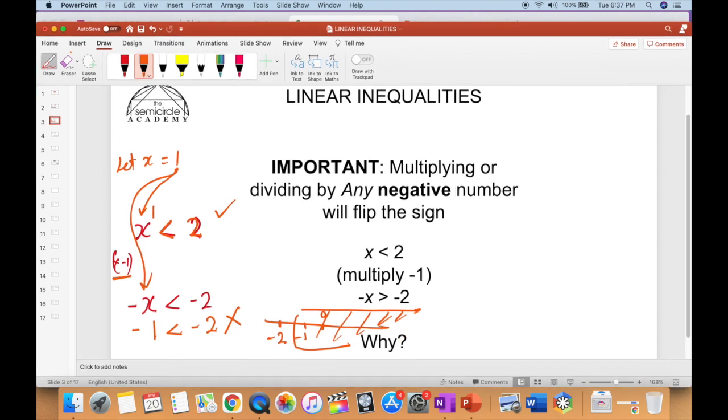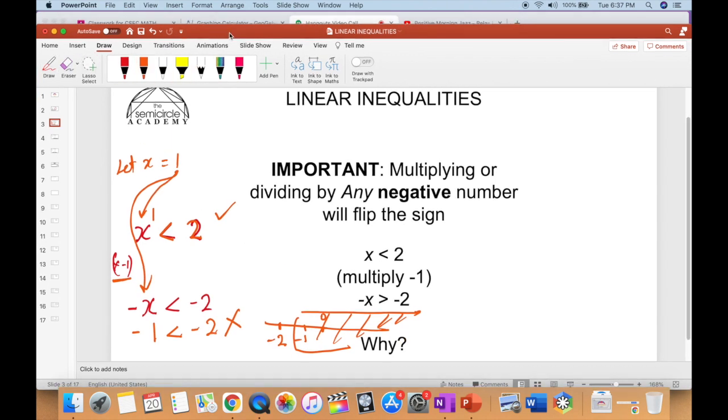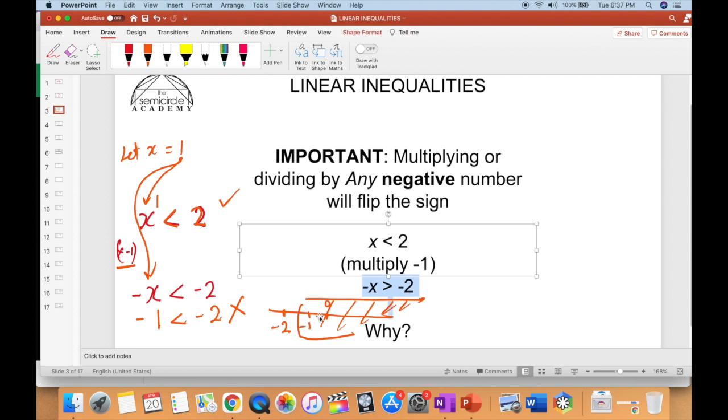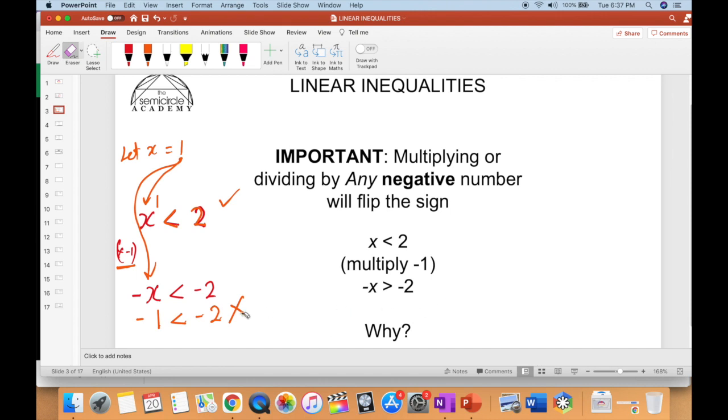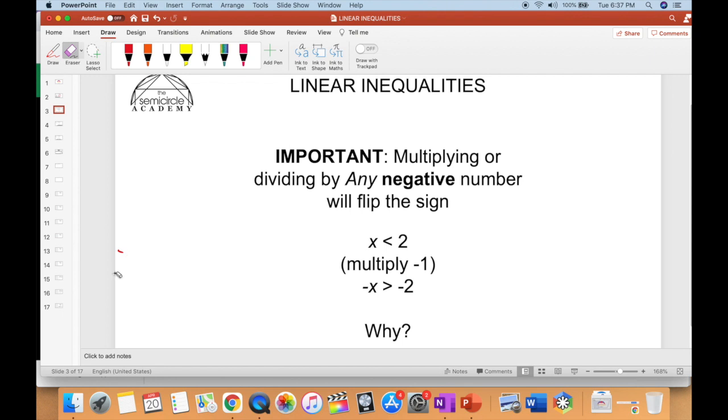So the whole point, and this is what ties up students the most, is that when it comes to an inequality, if you are multiplying or dividing by a negative number, for example multiplying by -1, you have to flip the sign.